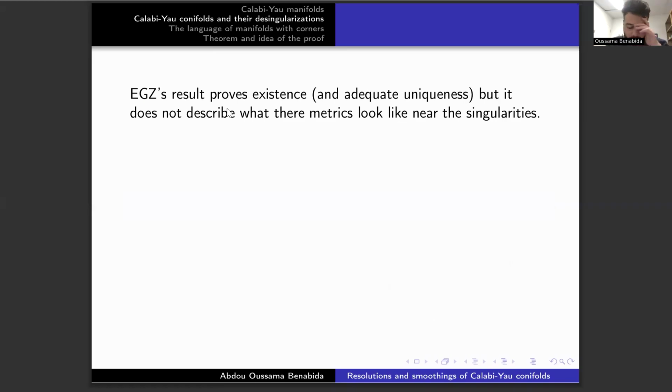And so this result proves existence and also uniqueness when fixing the Kähler class. But what it does not do is describe what these Ricci-flat Kähler metrics look like near the singularities. So it says nothing about their relation to the singularities.